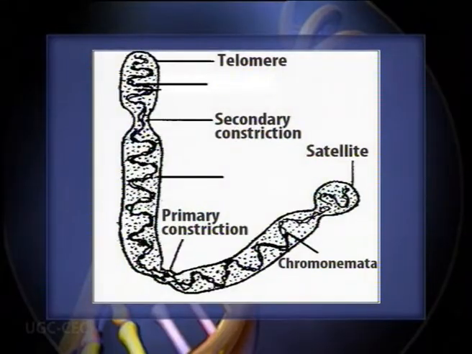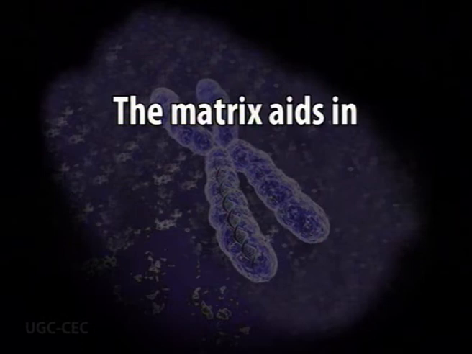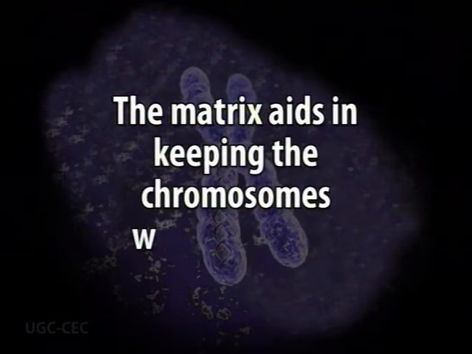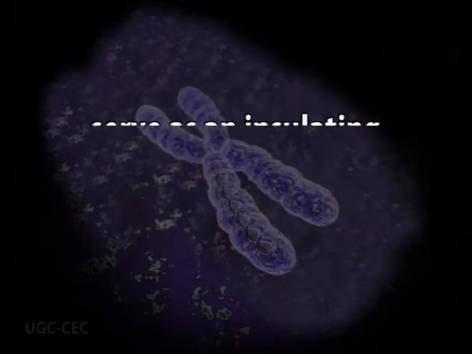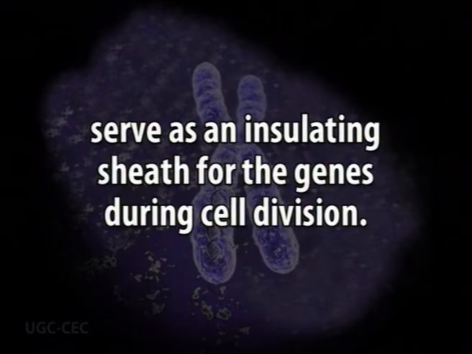The true structure and function of the pellicle and matrix are not known because they are not stainable with dyes. Most probably, the matrix aids in keeping the chromosomes within bounds. It may also serve as an insulating sheath for the genes during cell division.